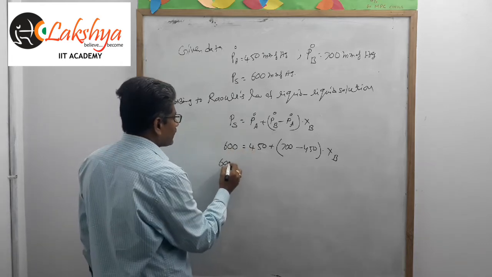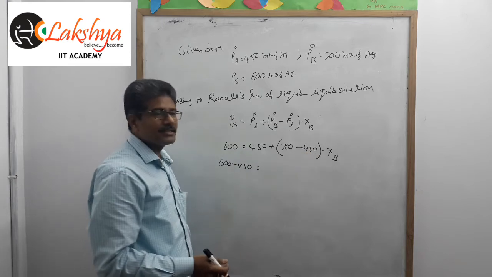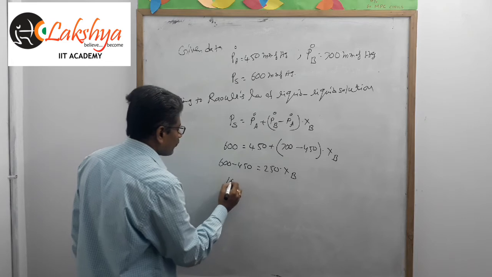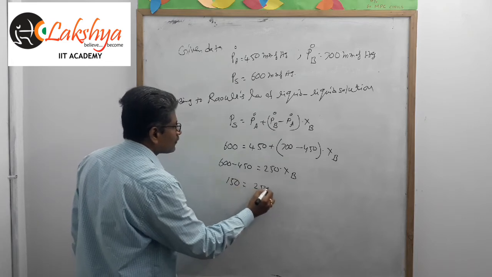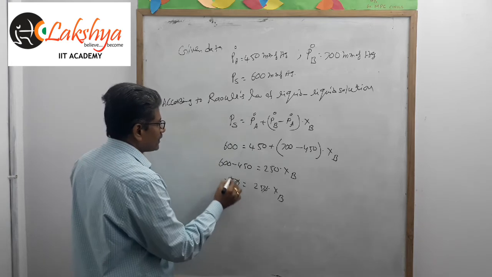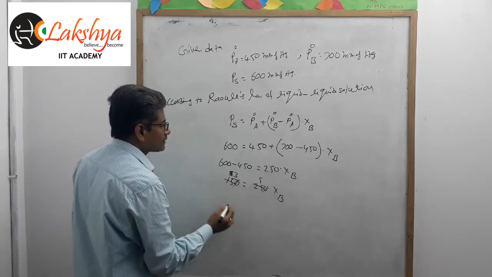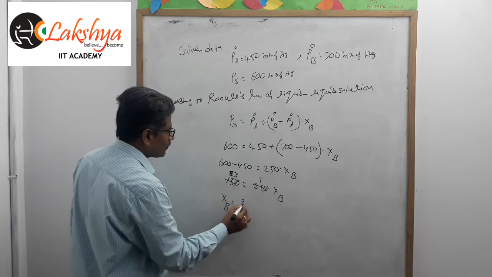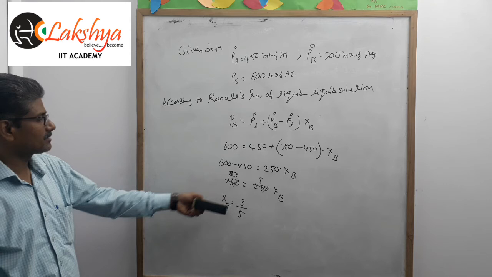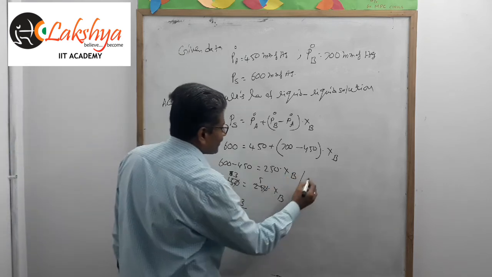So 600 minus 450 is equal to 700 minus 450, that is 250, into XB. 150 is equal to 250 into XB. Zeros cancel, so 3 by 5. So XB is equal to 3 by 5.